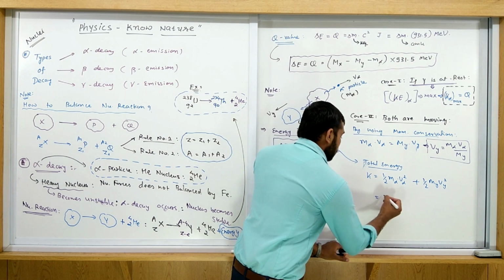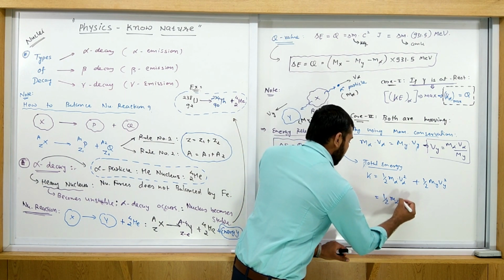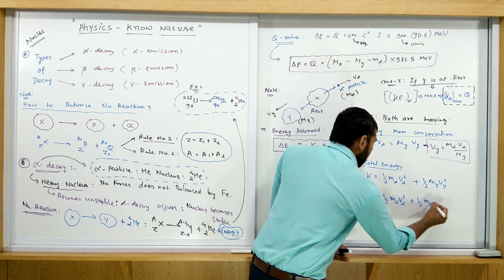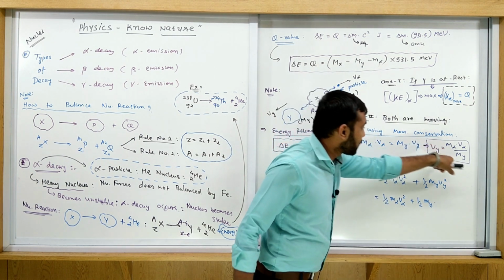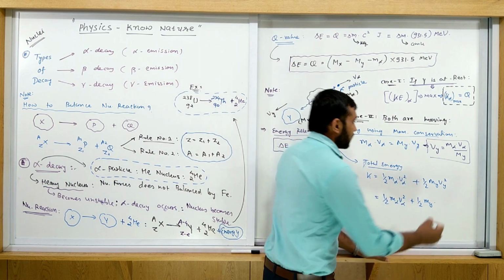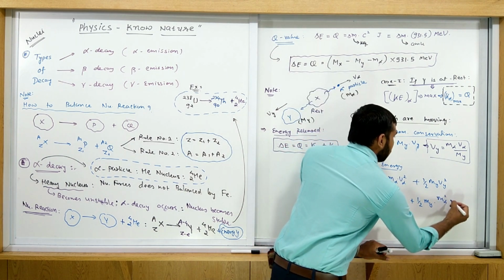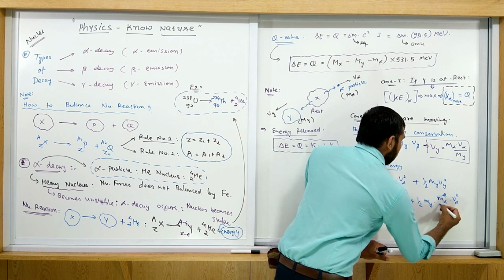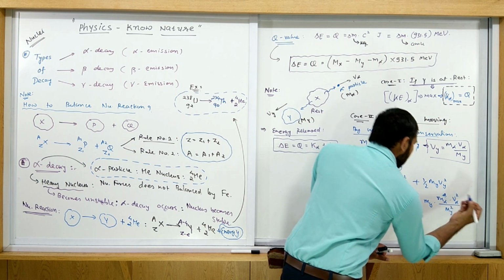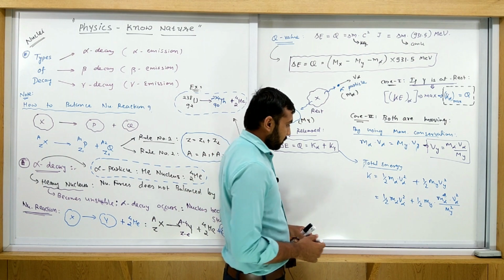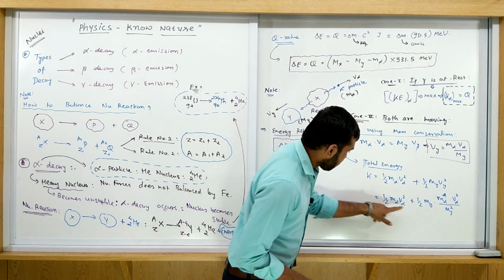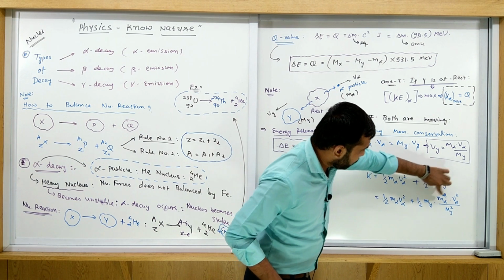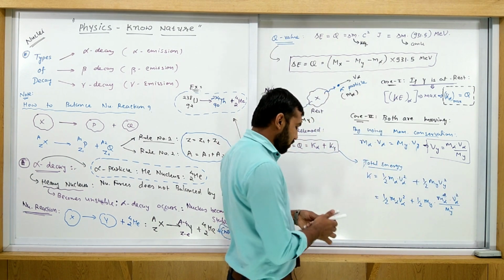So what is this? 1/2 m alpha v alpha square plus 1/2 my. What is vy square? Vy square means the whole thing squared, so that is m alpha square into v alpha square upon my square. Now see here, 1/2 m alpha v alpha square appears in both terms. Let's take it common.